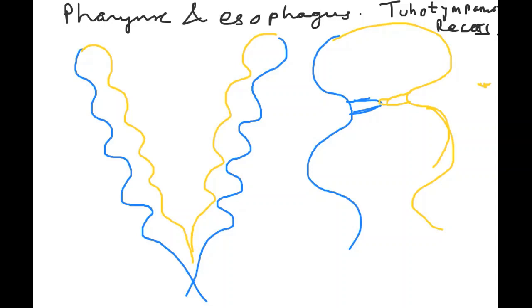Where does the eustachian tube open? Apart from one end opening in the middle ear, where does the other end open? In the nasopharynx, lateral wall of nasopharynx. So this part of the foregut near the first pharyngeal pouch corresponds approximately to the region of the nasopharynx. Fine. Now the second pharyngeal pouch forms the palatine tonsil here.